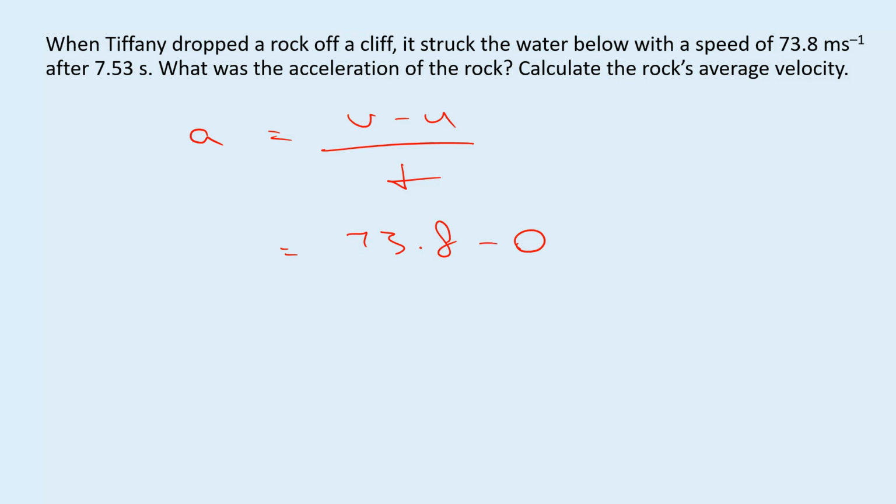It wasn't actually falling until she opened her fingers, and then it started to accelerate, but it had 0 vertical velocity right at the start. And then we divide that by the time taken, which the question tells us was 7.53 seconds. Right. And now the next step is, of course, to reach for our calculator.